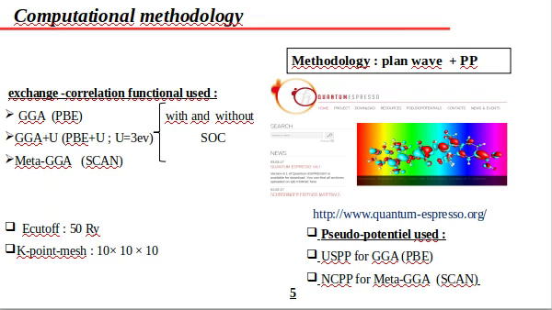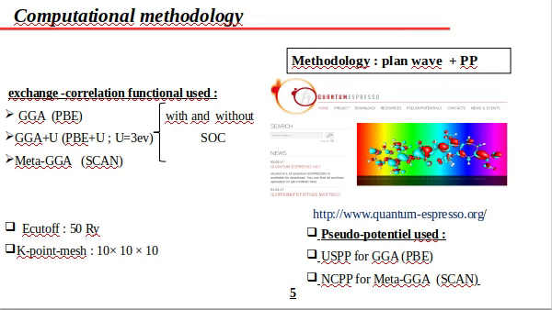The most successful and widely used GGA approximation is called PBE, and on the other hand, the recently developed meta-GGA is called the SCAN functional. For the pseudo-potential used here, we used two types. The first one is an ultra-soft pseudo-potential, which we use for the GGA approximation or PBE.